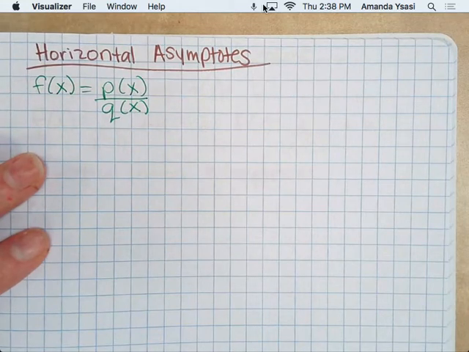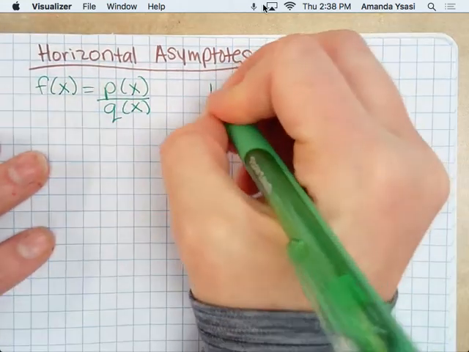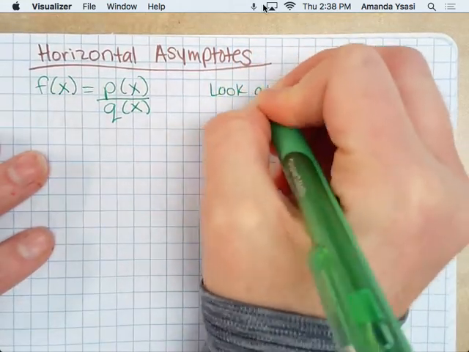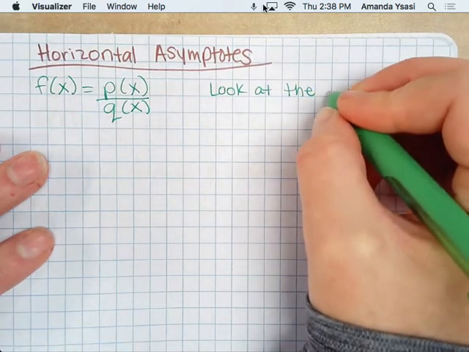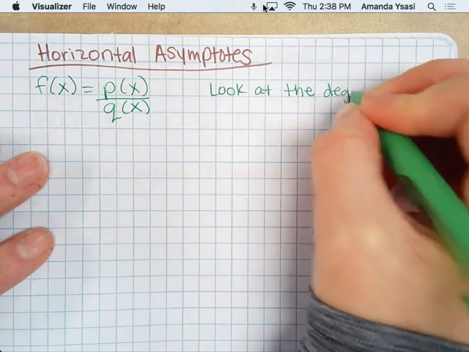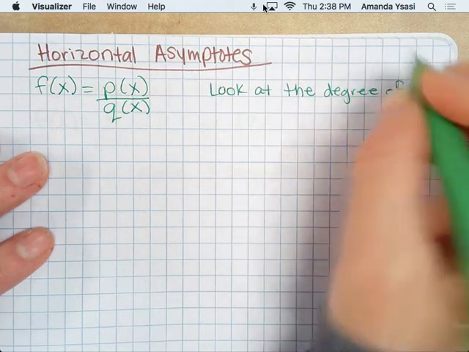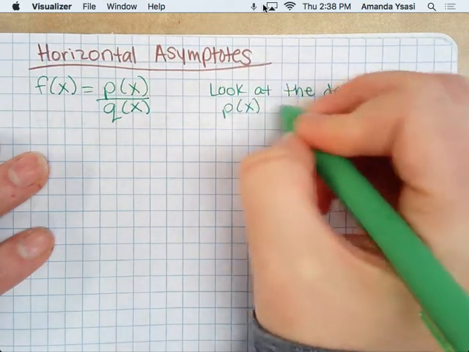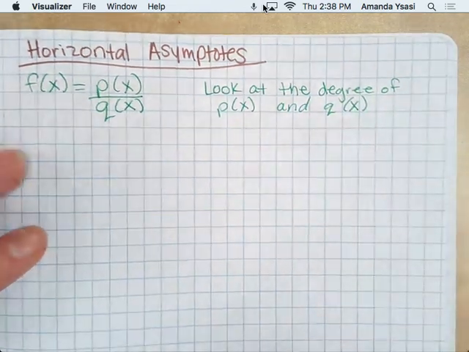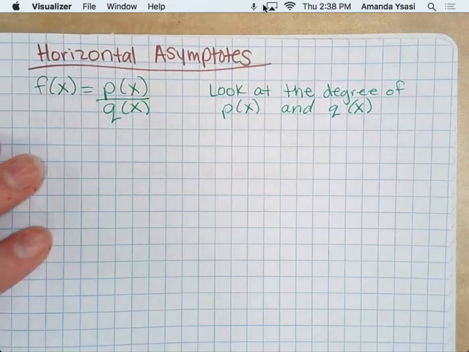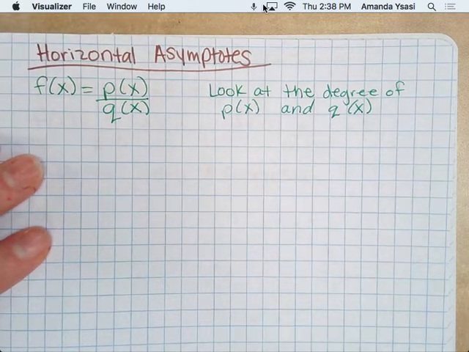For horizontal asymptotes, you're going to look at the degree of P of x and Q of x and compare them. And how they compare tells us where that horizontal asymptote is, or if it even has one.